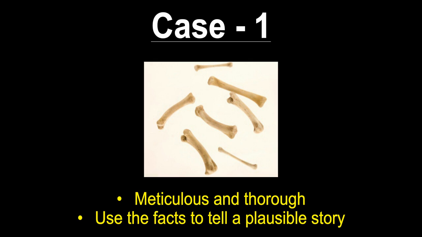I've chosen these cases, and there are no names, but the places and everything else have been changed to protect the innocent and in some cases the not so innocent. I've chosen these cases from my experience to illustrate the various qualities of causation witnesses that I've indicated I think are important. So the first case will illustrate the importance of meticulous and thorough examination of the case and the use of the facts of the case to tell a plausible story.